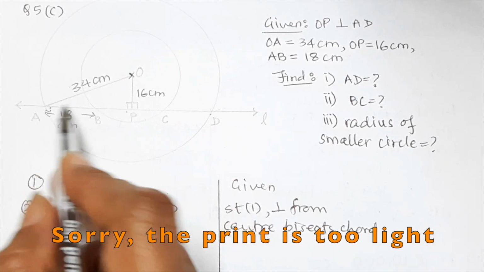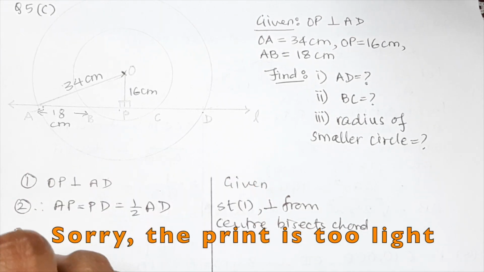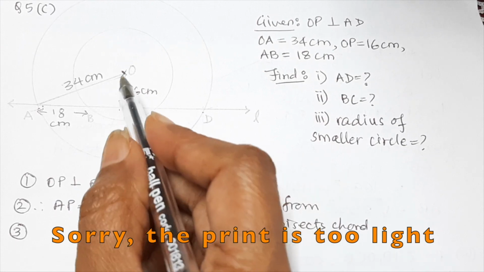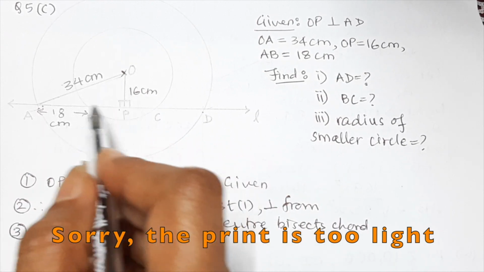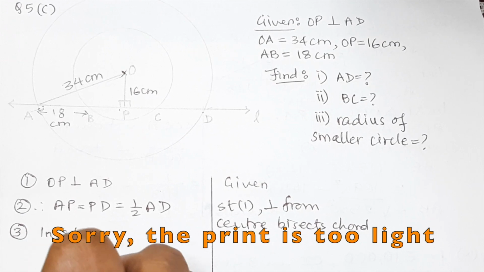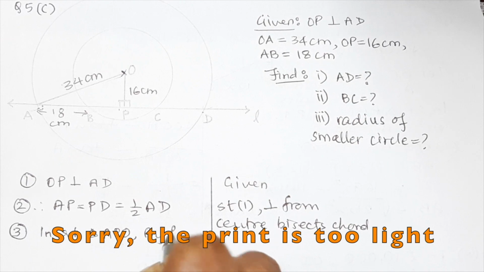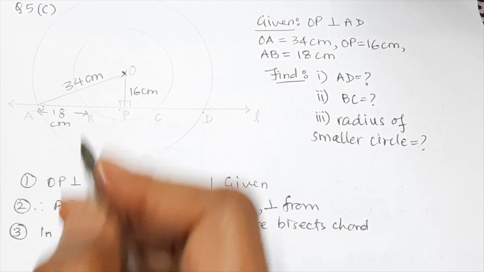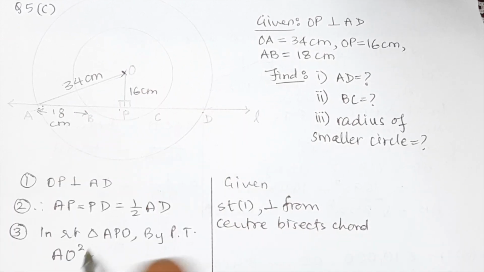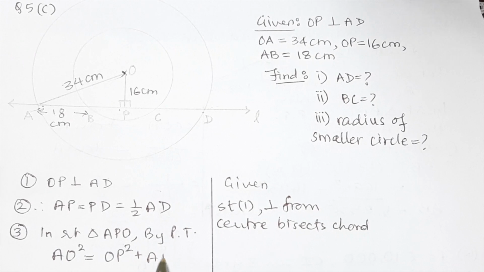Now AP can be found out using this triangle. So we know that this OP is perpendicular, so this becomes a right triangle. So in right triangle APO, by Pythagoras theorem, we will have AO square equal to OP square plus AP square.